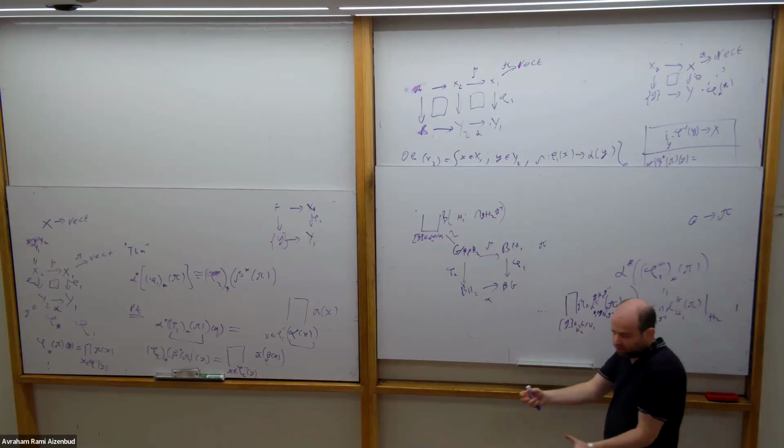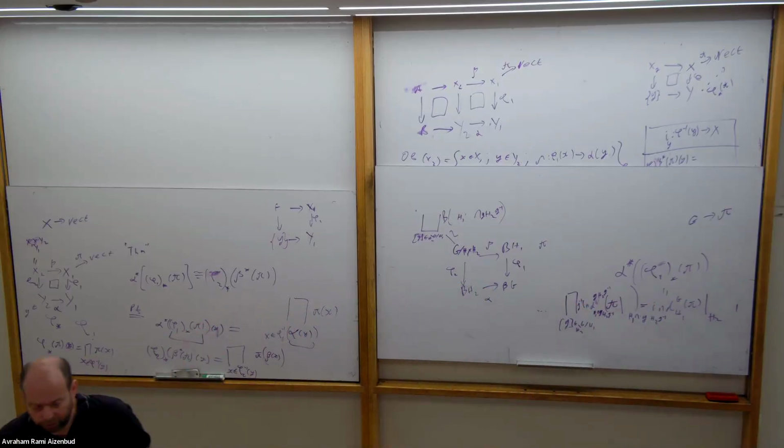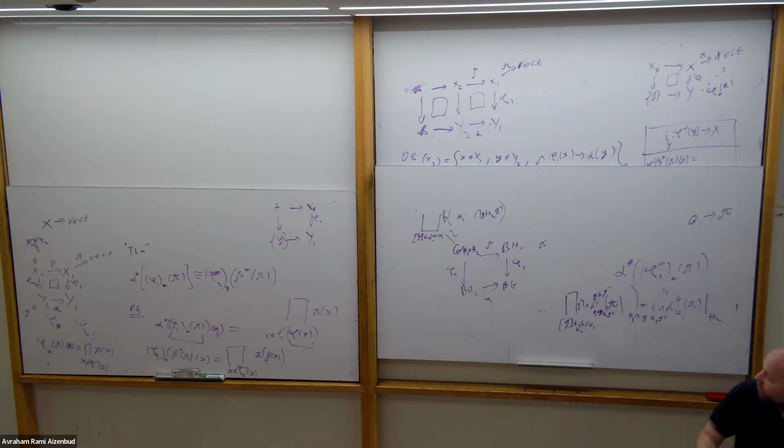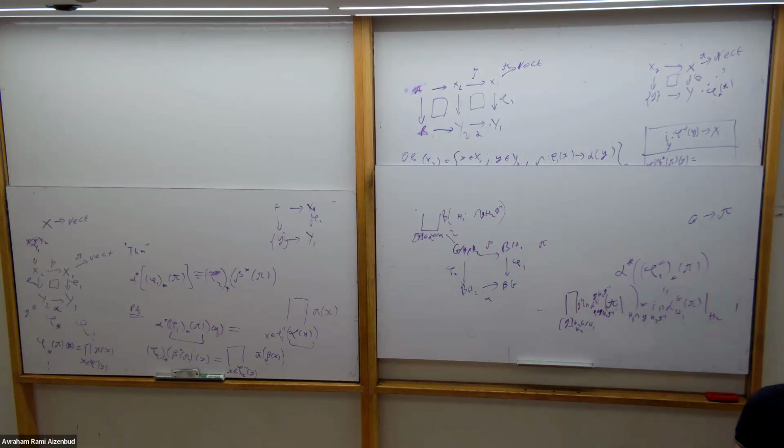Then your representation naturally splits into the direct product of representations for each orbit of H2, for each double coset, because you have nice behavior with respect to the action of H1, and now the action that you care about is the action of H2.